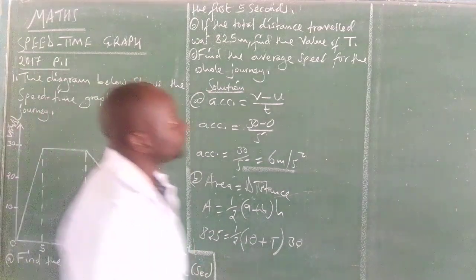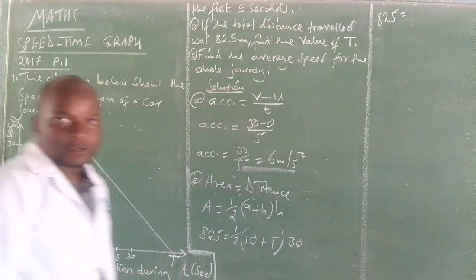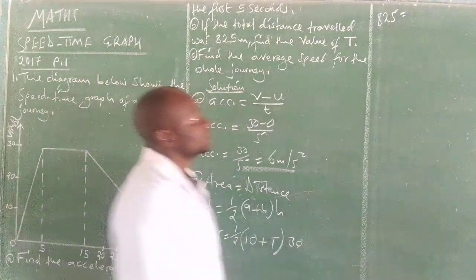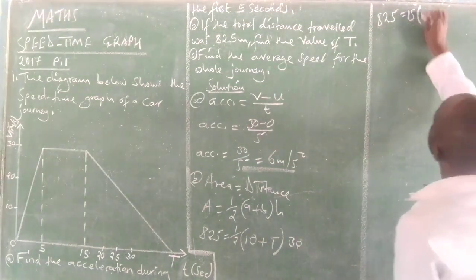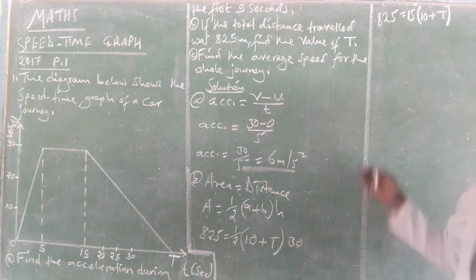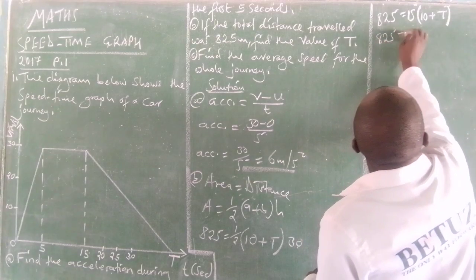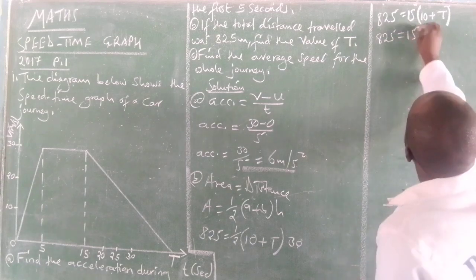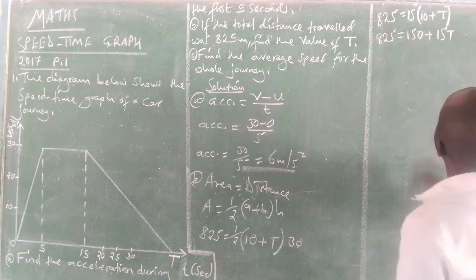Then this 1/2 will multiply with the 30. So 825 is equal to half multiplied by 30, which is 15. 15 will multiply what is inside the bracket, that is 10 plus t. Then we expand using 15. So we have 825 equal to 15 multiplied by 10, that is 150, plus 15t.